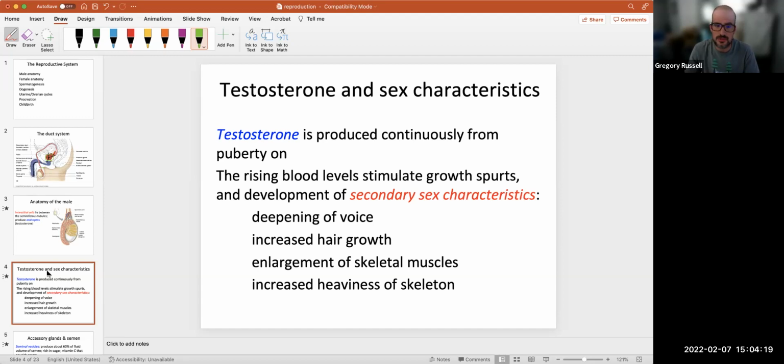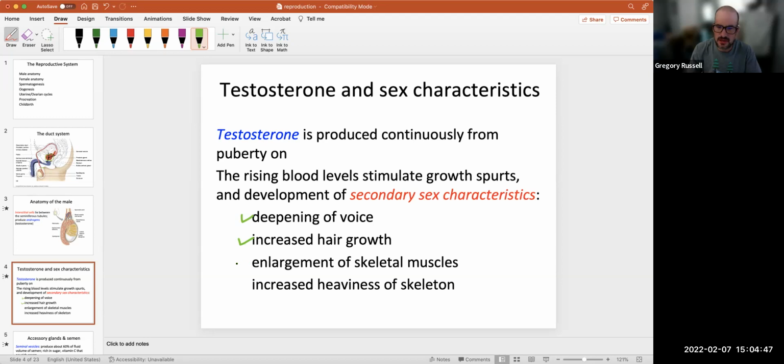So in males, we can talk about things like the deepening of the voice, increased hair growth. Now, that kind of applies to both genders, but we also can talk about localization of hair growth. Things like facial hair growth is specific to men, whereas axillary, armpit hair, pubic hair, those are going to be both males and females.